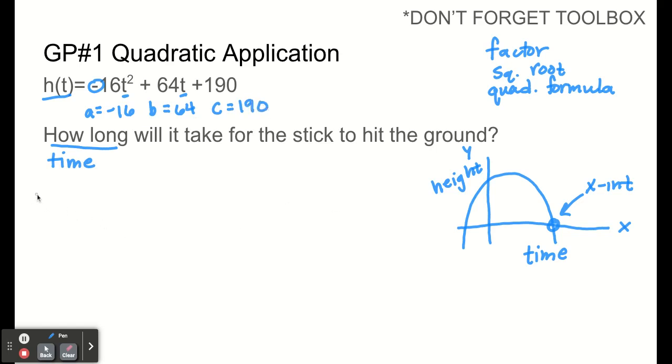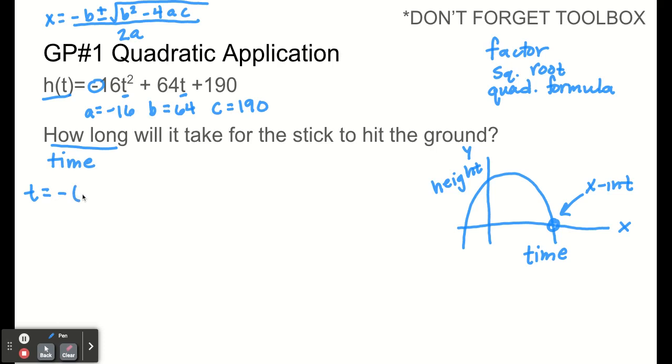Plugging into the quadratic formula, we know it's x equals negative b plus or minus the square root of b squared minus 4 times a times c, divided by 2 times a. Now I'm going to use t equals because we're looking for time, which is what the x-axis represents. So our time is going to be equal to what we find with the quadratic formula.